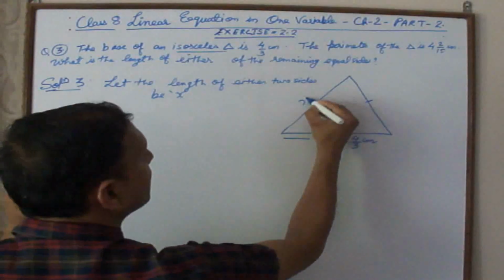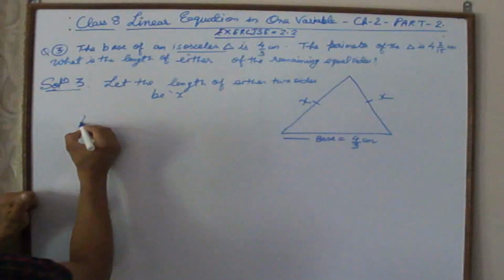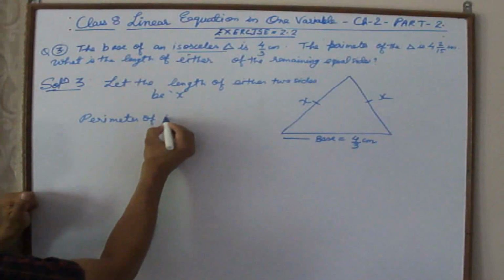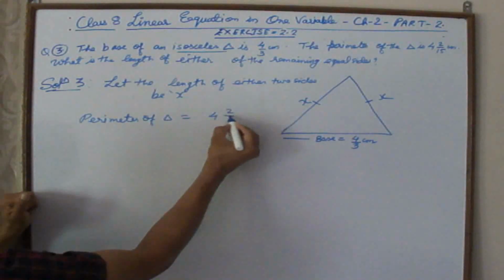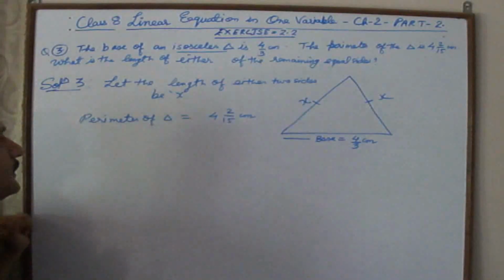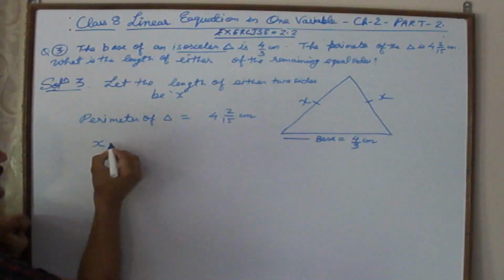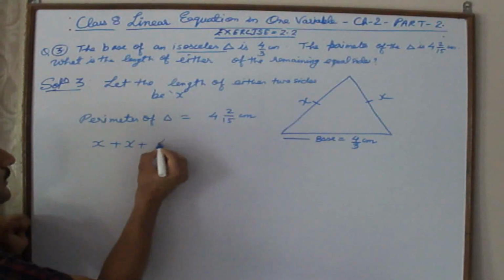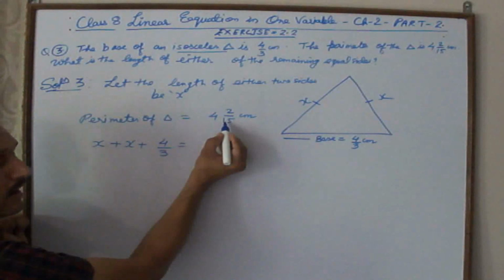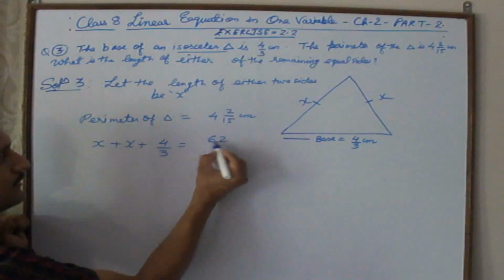So this is x, this is also x. Perimeter means sum of three sides. x plus x plus 4 by 3 equals, converting the mixed fraction to improper, 15 times 4 is 60 plus 2, 62 by 15.